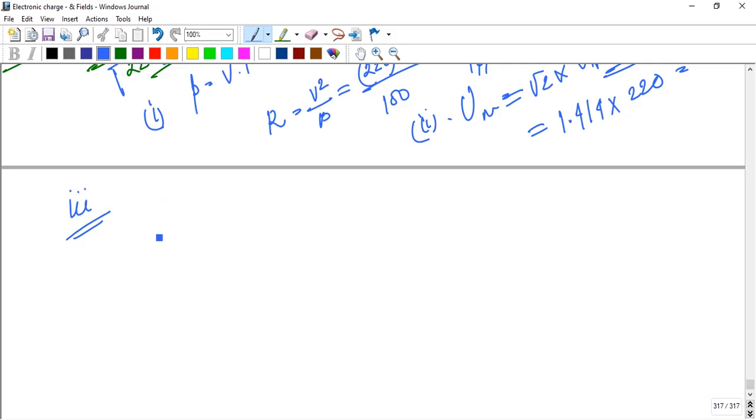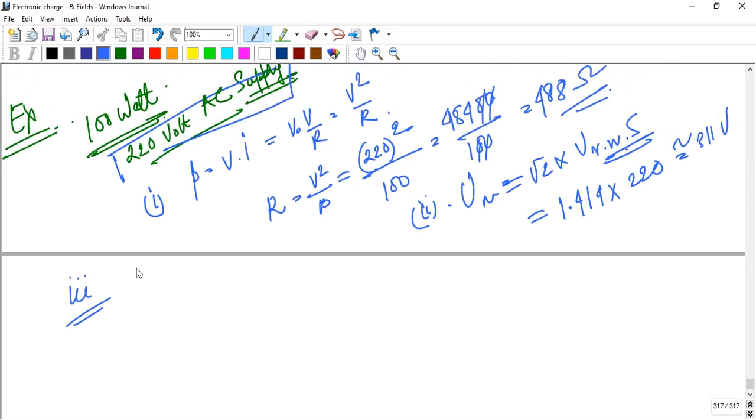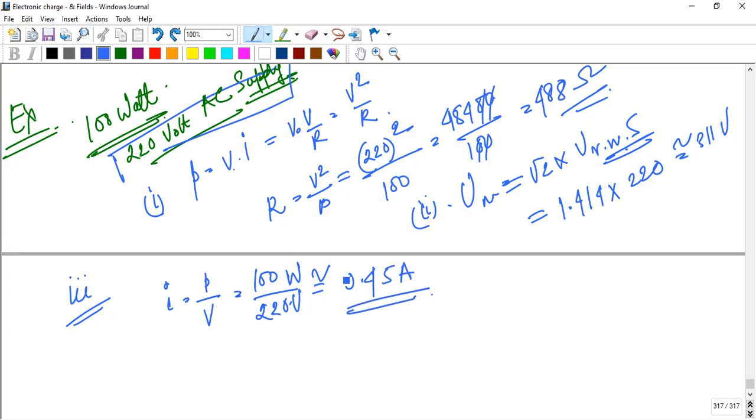If voltage and power are given, current equals P by V. Power is 100 watt and V is 220 volt. Solving watt by volt, we get approximately 0.45 ampere. So these are the approximate values.